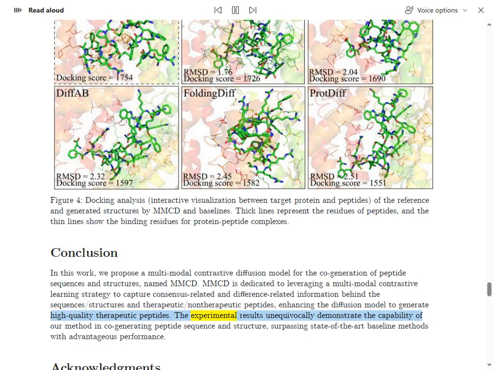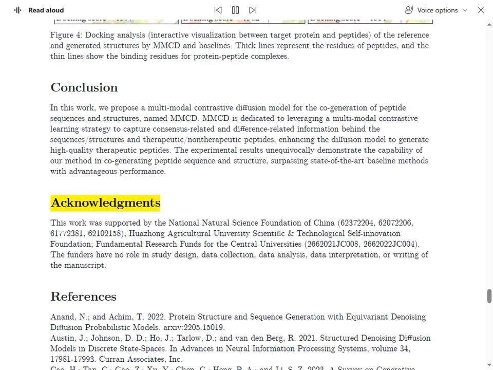The experimental results unequivocally demonstrate the capability of our method in co-generating peptide sequence and structure, surpassing state-of-the-art baseline methods with advantageous performance.